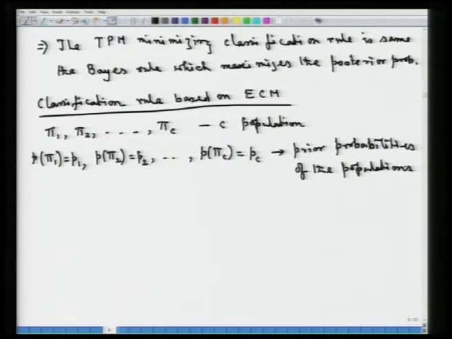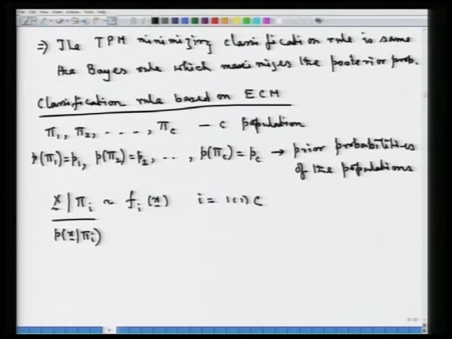We will also say that the density of x given pi I is given by f i x, for I equal to 1 up to c. In our earlier notation, we had perhaps denoted this by p x given pi I. So, that density we are denoting by f i x.